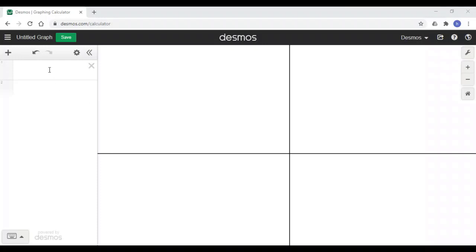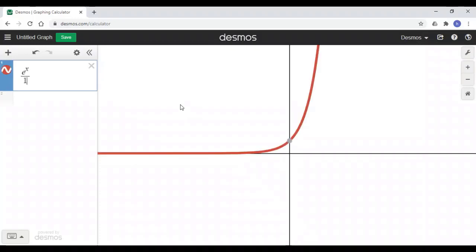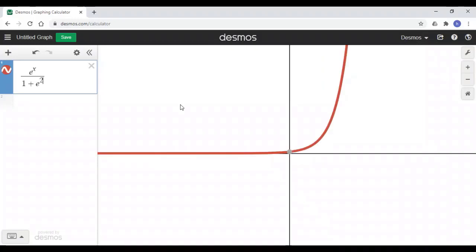Here, a horizontal asymptote is a horizontal line that the graph will not cross through vertically. Let me bring up an example we've had earlier, where it's e to the x divided by 1 plus e to the 2x right here.